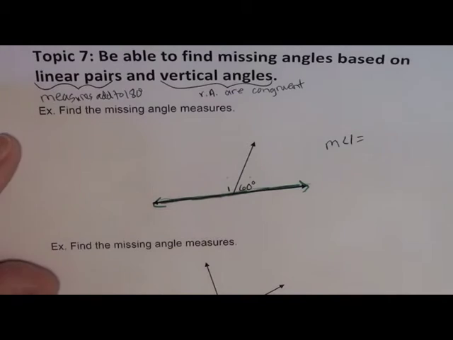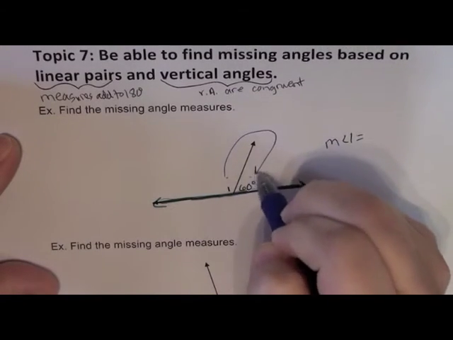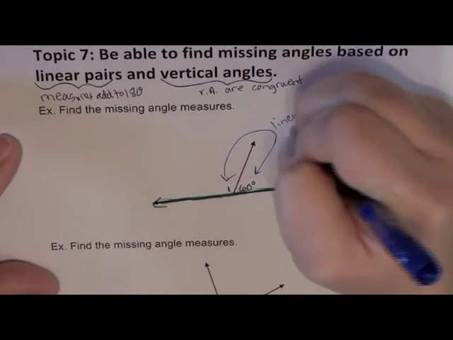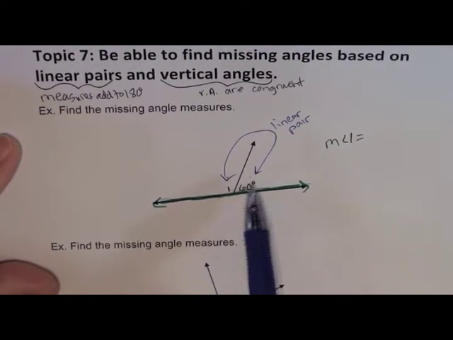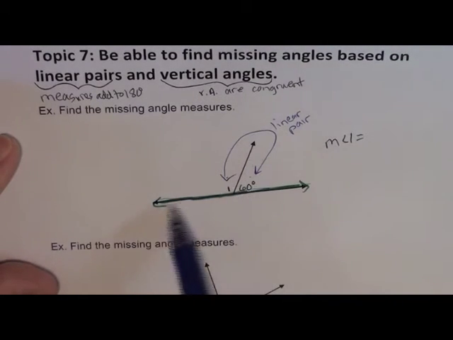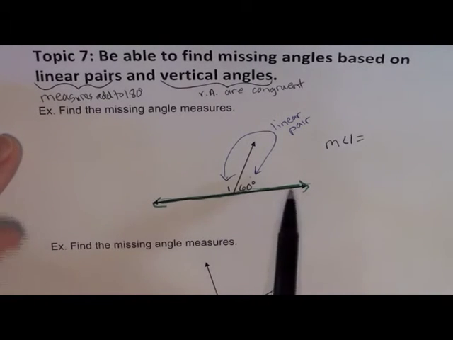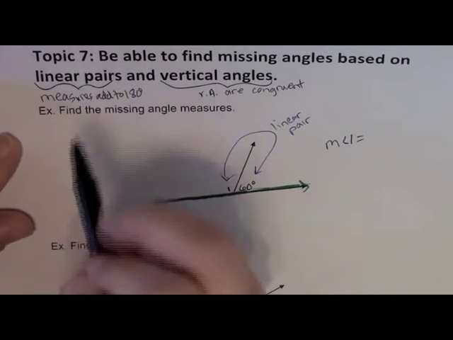So what that means is that 1 and 60 are a linear pair. Two angles, they share a side, and together they make a straight line. They make a straight angle. So the two angles' measures have to add to 180 degrees.